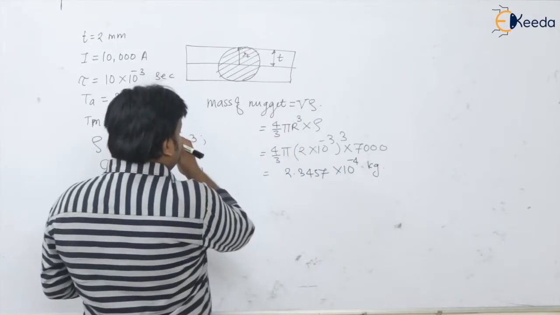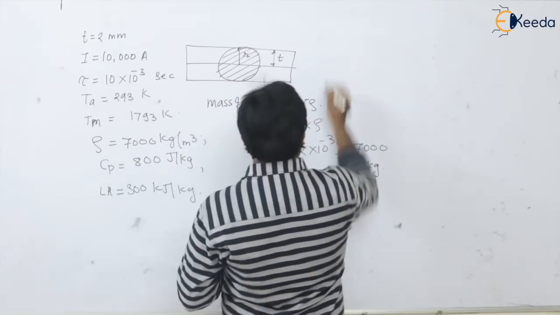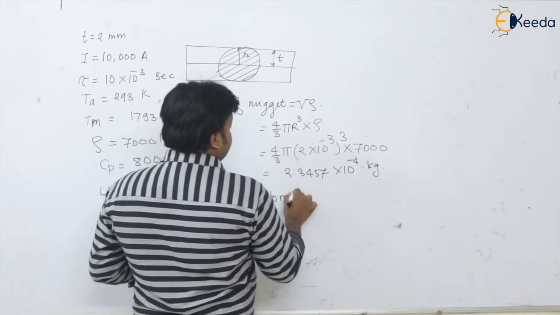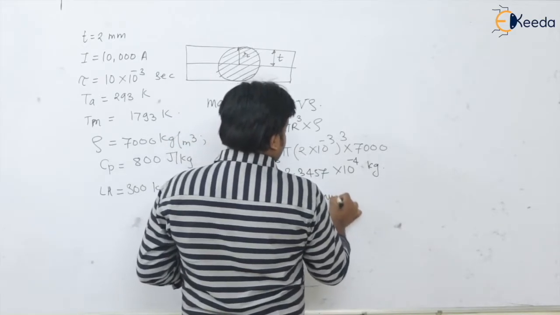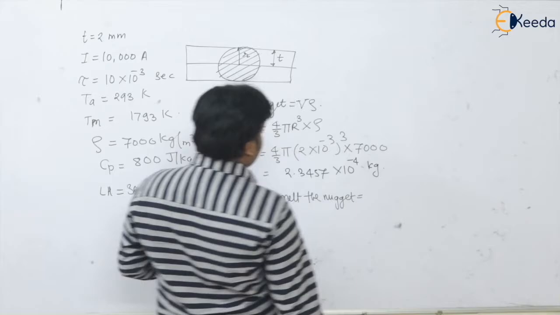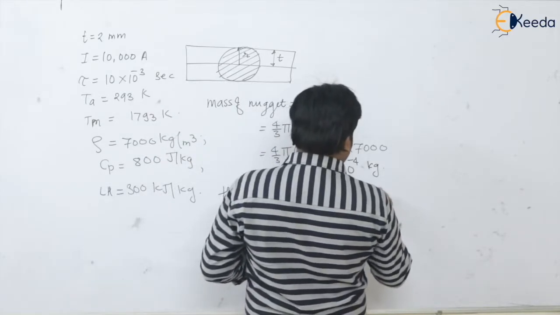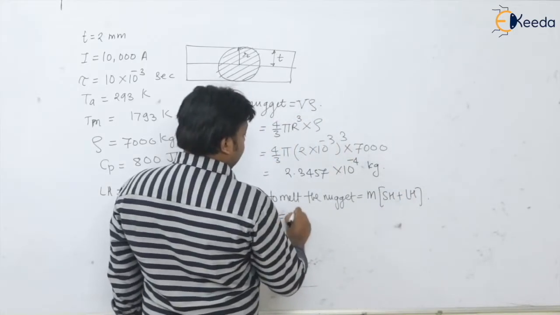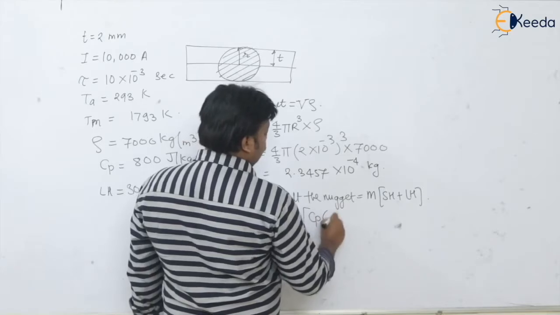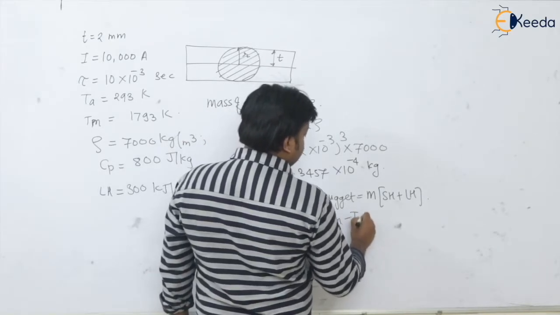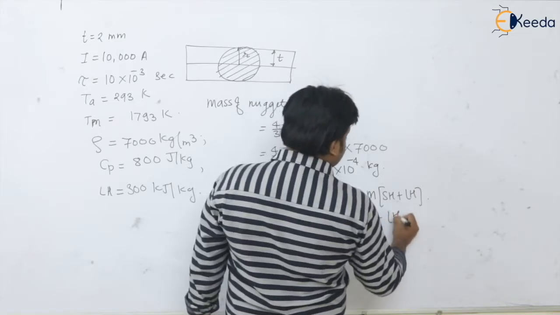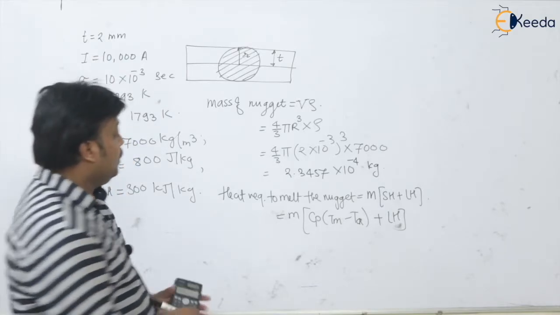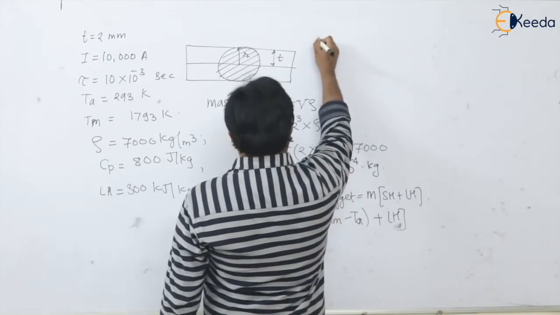Okay. Now, what is the heat required to melt the nugget? That is mass into sensible heat plus latent heat. So mass of the nugget M into sensible heat, which is Cp into melting point temperature minus ambient temperature, plus latent heat. In this numerical all the data is given, so put the values. This is the heat required to melt the nugget.